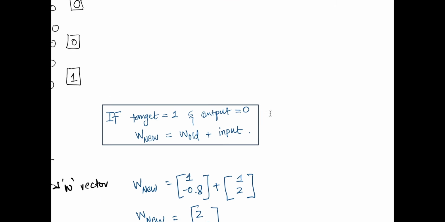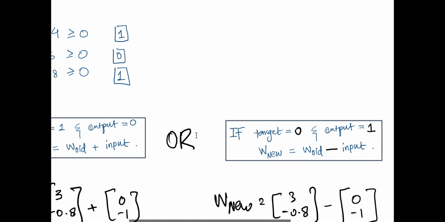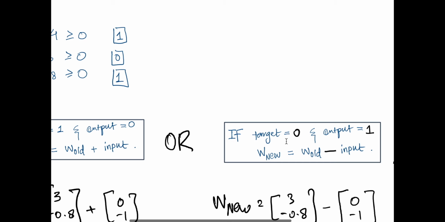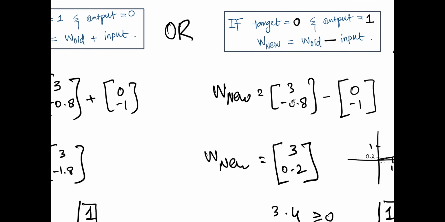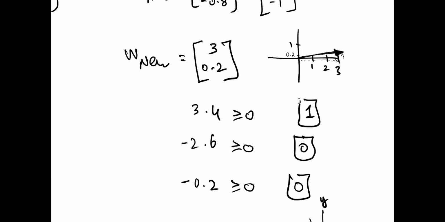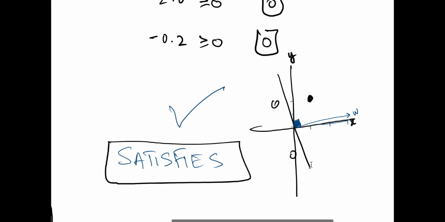If we scroll back up and see the target again, the target is 0 for the third point, but the output that we are getting for the third point is 1. So output 1, target 0. We should subtract the input instead of adding it. So we subtracted the input again from the new weights, and we got the updated weights. Using these updated weights, we ran through the network again, and indeed, we do meet our targets. And that was eventually the decision line that we had, and this actually satisfied our problem set as well.